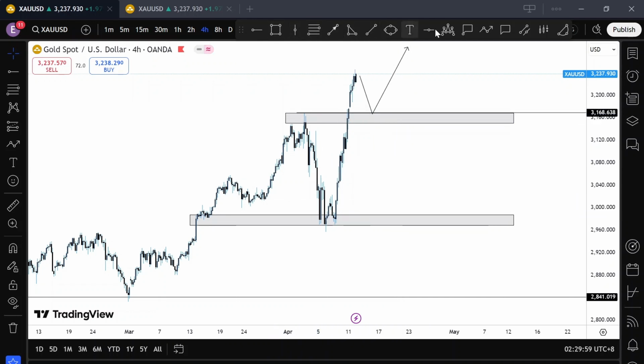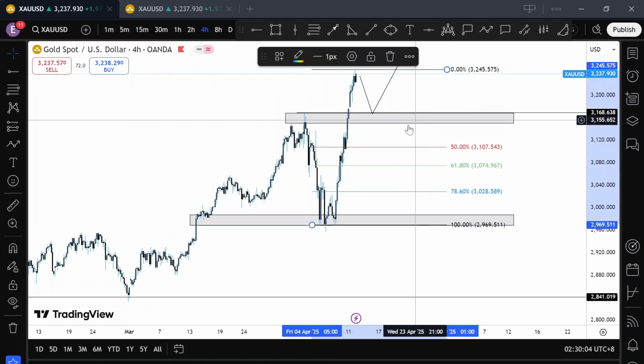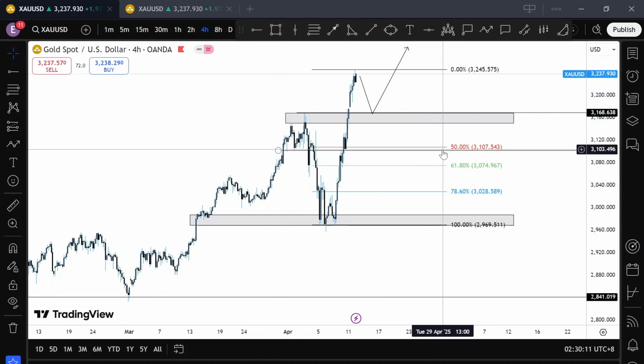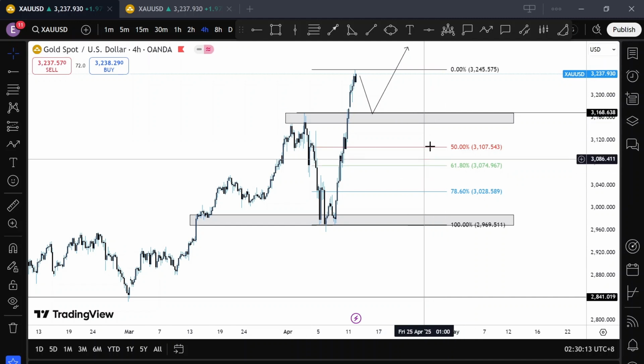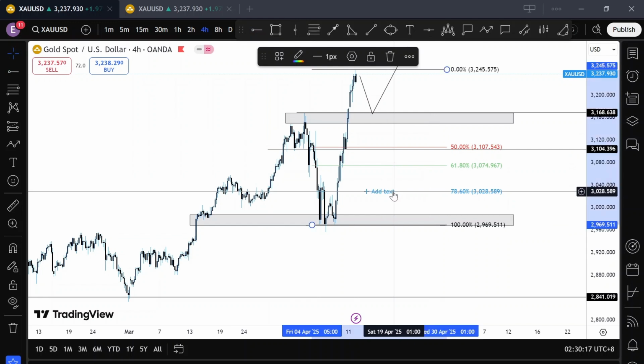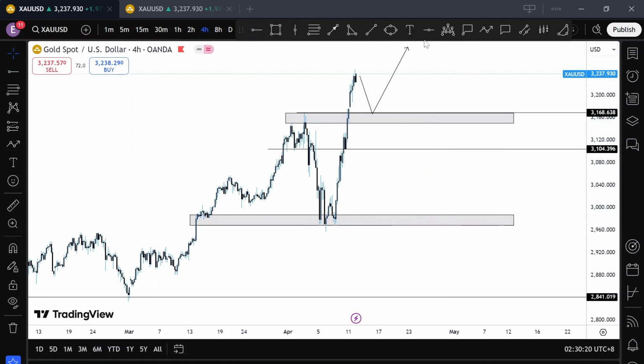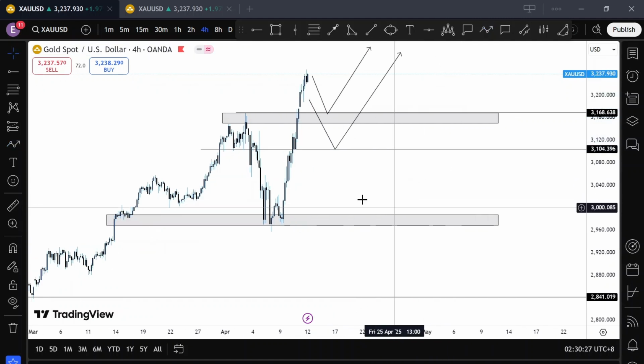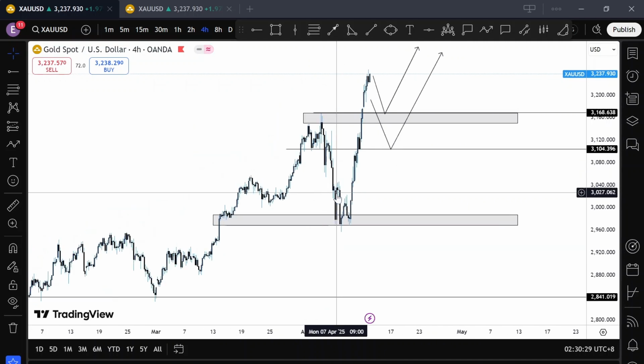If we decide to measure the Fibonacci for this one, it might not really just pull up, but we will see an overextension back into these regions, which is possible. Okay, and that might happen, so we'll keep that in mind. We'll also keep in mind that we might see price pull into these regions here and then continue. All right, this is what I'll be looking out for here on gold.